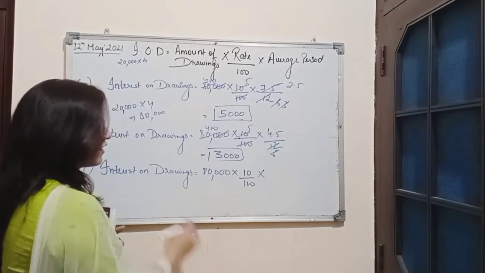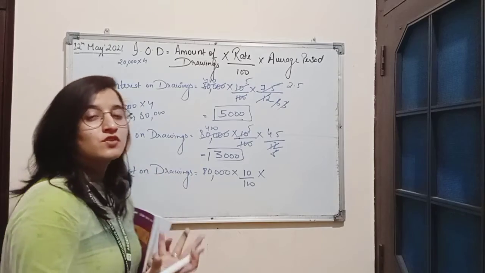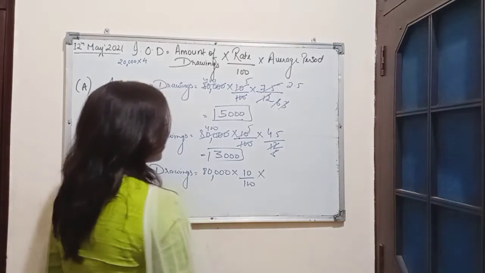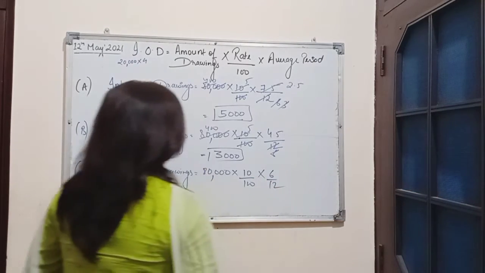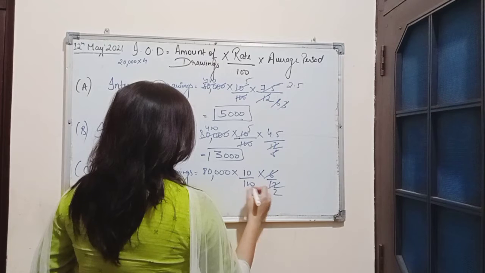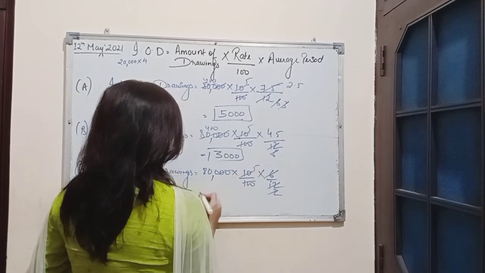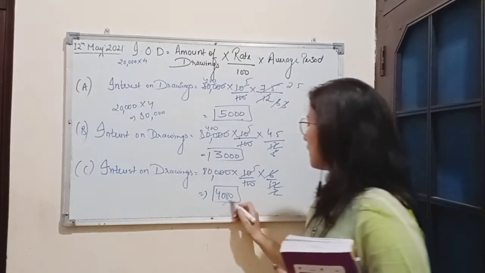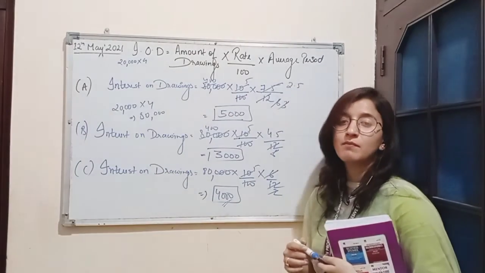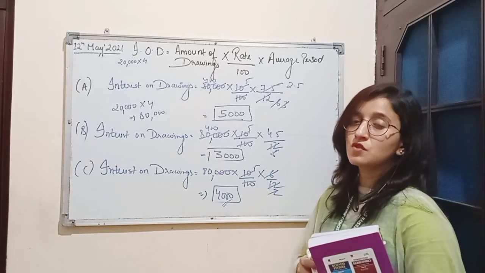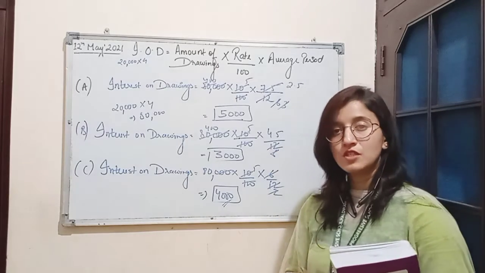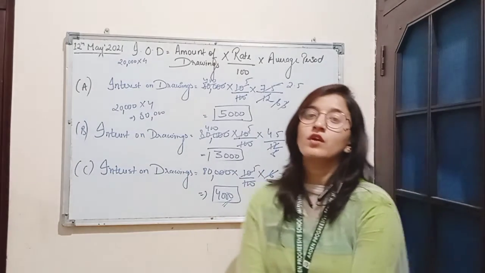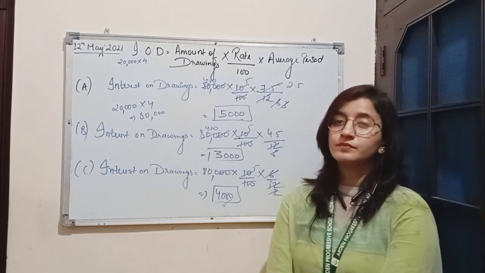And we know for calculating interest on drawings where it is being withdrawn in the middle of each quarter, average period was for 6 months. By calculating this, we will get the amount rupees 4,000. So 4,000 is the amount of interest paid by the partner when he is withdrawing the amount of drawings in the middle of each quarter.